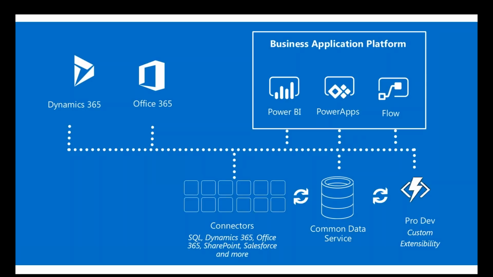Through this integration, Flow is the means for automating processes between Dynamics 365, Office 365 apps, and other cloud services to shortcut repetitive tasks by delivering notifications, synchronizing data, and automating approvals. In the demonstration, we'll take a look at new native Flow integration for Dynamics.